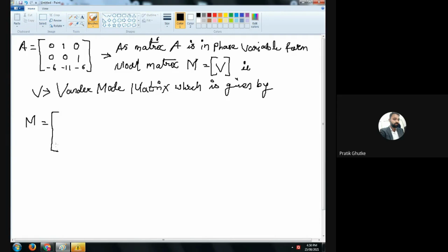This is the Vandermonde form. In the first row all the elements would be 1.